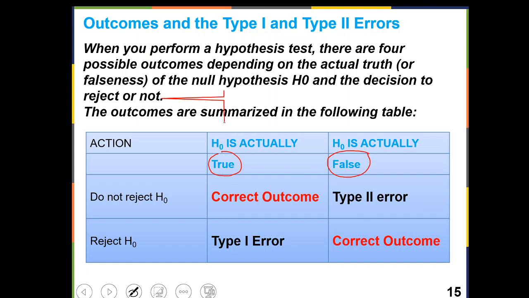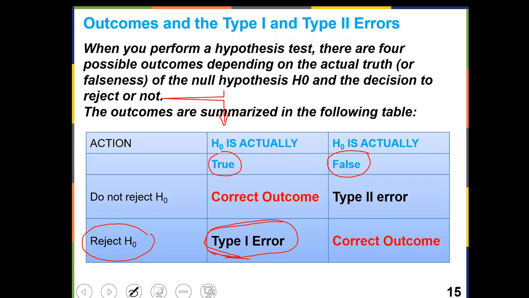But we always assume it's true, but it could be false. What if H null is true, and we reject it, right? We reject a true null hypothesis, then that is an error, right? And it's called the type 1 error.